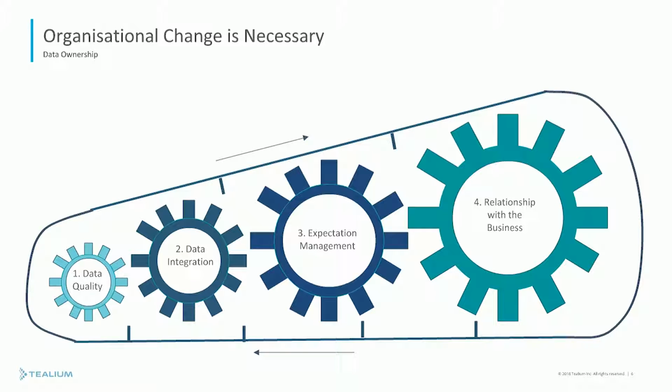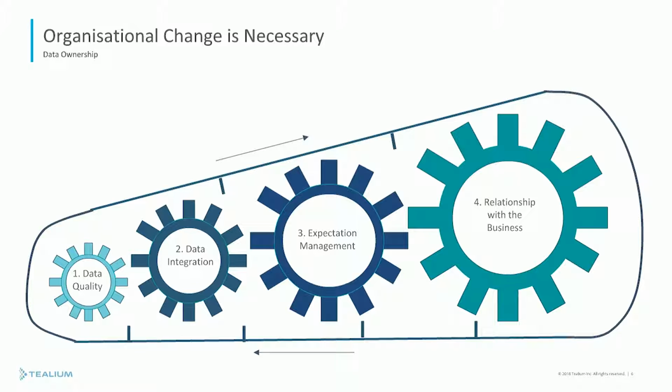What you can see on this slide is what I like to call the data performance roadmap. So first of all, you have data quality. You have to take care of the quality of your data. Second, you have to think about the integration of your data, so what you can do with the data. And number 3, very important, is the expectation management.